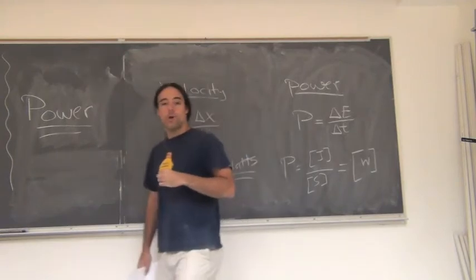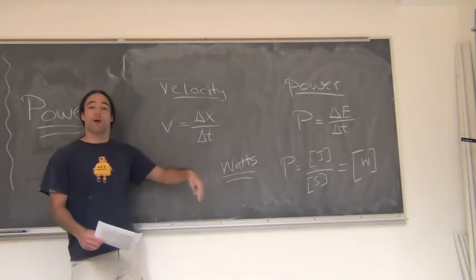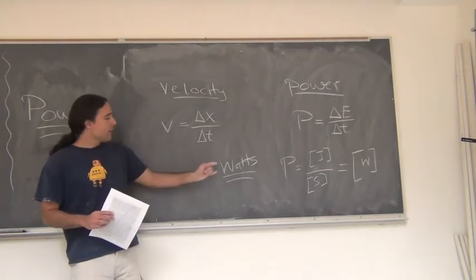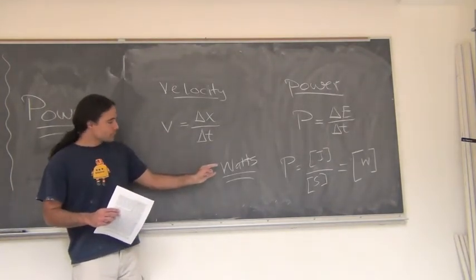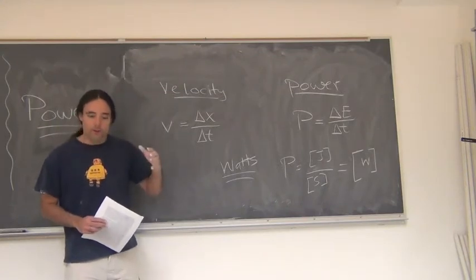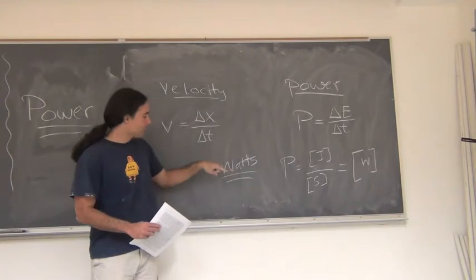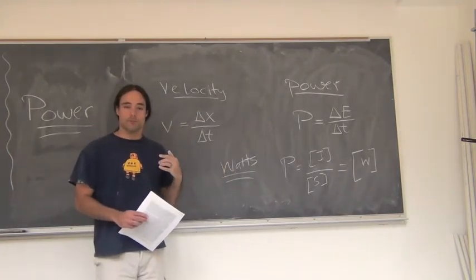After Watt, who did a lot of work with energy and power, so we named a unit after him. So if I ever ask you, what is the unit of power, you should say watts.